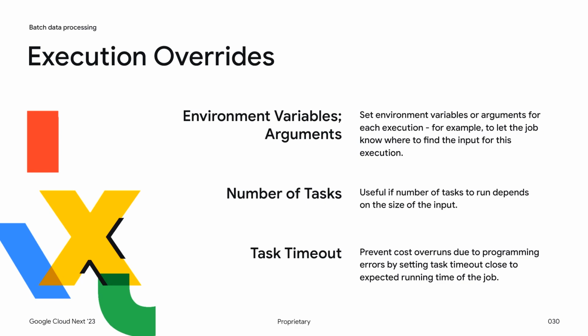You can also override the number of tasks. This is useful if your job is written in a way that each task processes exactly one piece of input. So you tell your job, this time, please run 12 instances because I have 12 pieces of input.